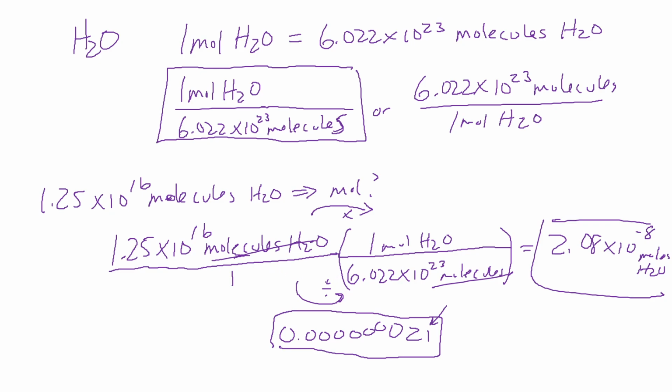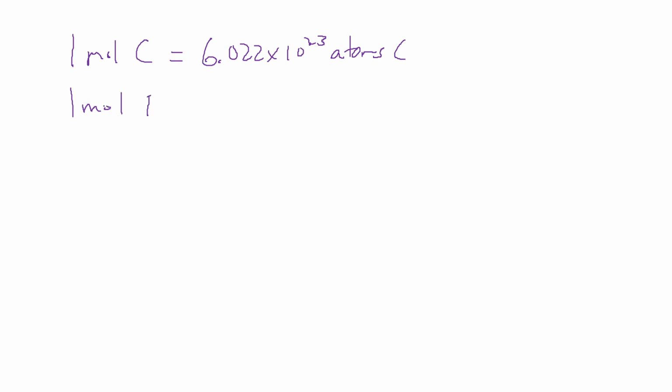All right. So Avogadro's number is used whenever we are doing any type of conversion involving atoms or molecules. You could use Avogadro's number for anybody on the periodic table. So 1 mole of carbon would have 6.022 times 10 to the 23 atoms of carbon. 1 mole of fluorine would have 6.022 times 10 to the 23 atoms of fluorine.